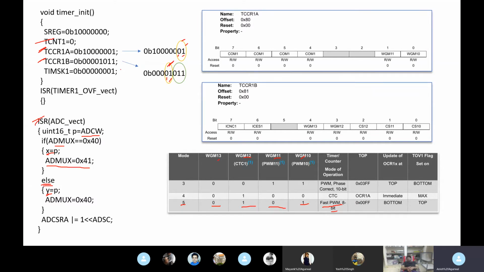Coming to the last 3 bits, CS12, CS11 and CS10, these basically define the clock speed of the counting. Like how fast are we counting or how slow are we counting? The higher the value, the slower we count. Here I have kept the value as 0, 1, 1, which is 3, equivalent to 8.